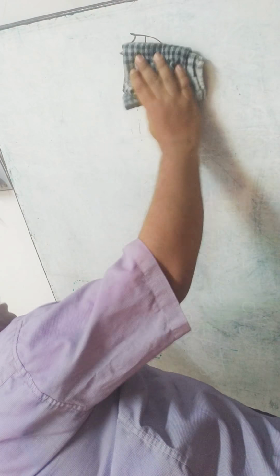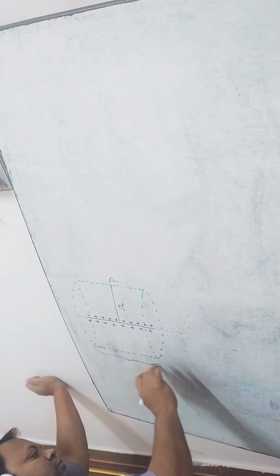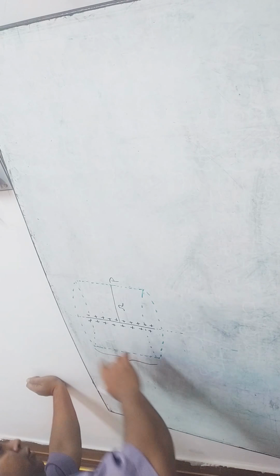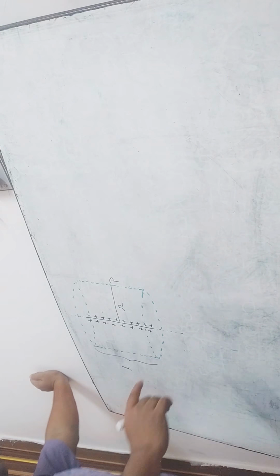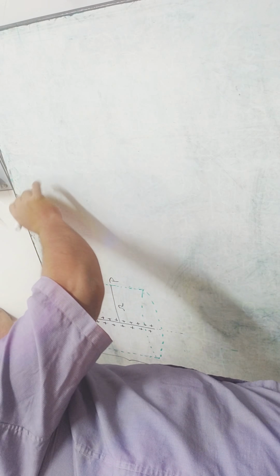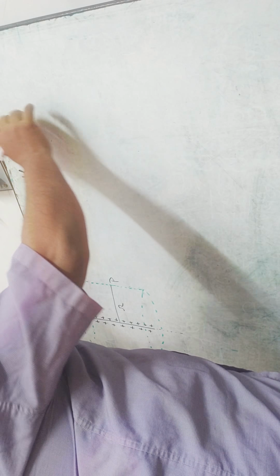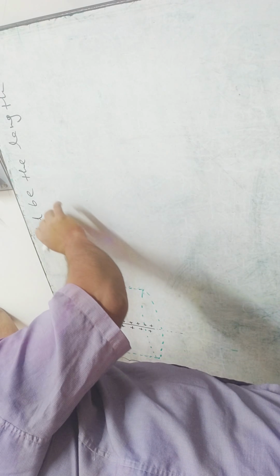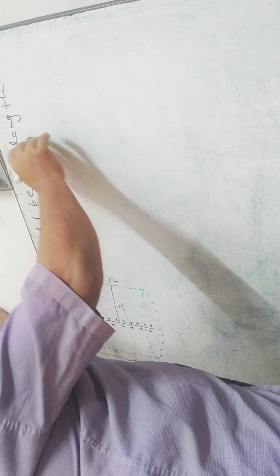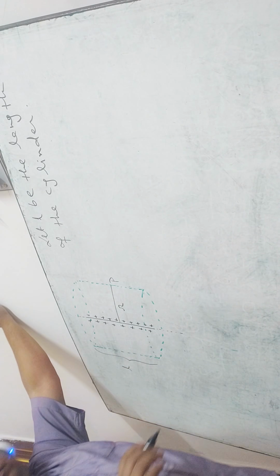Now we can apply the Gauss theorem to this Gaussian surface, or this cylinder. Let L be the length of the cylinder.